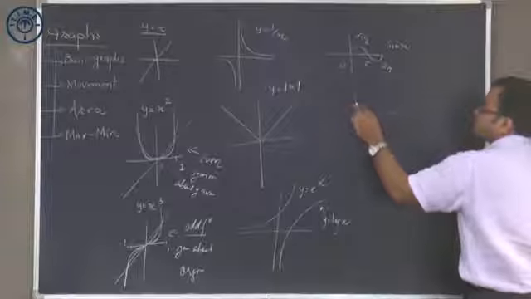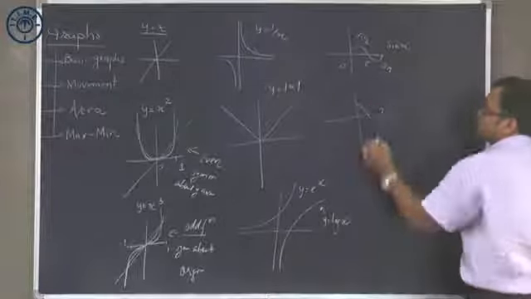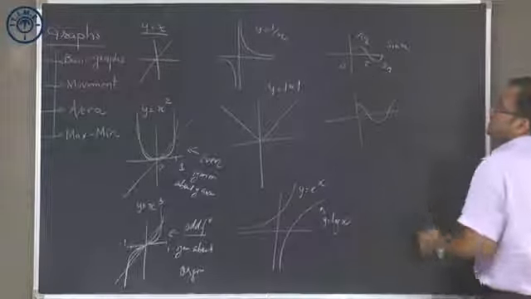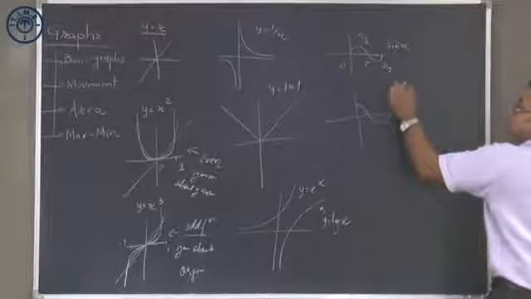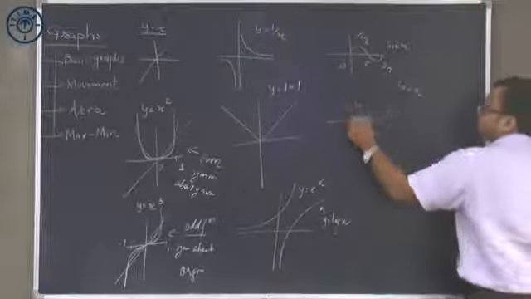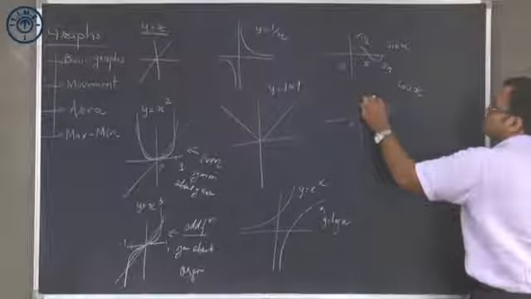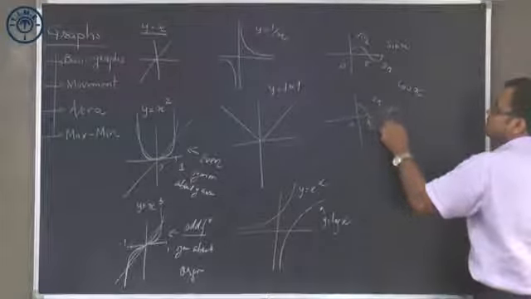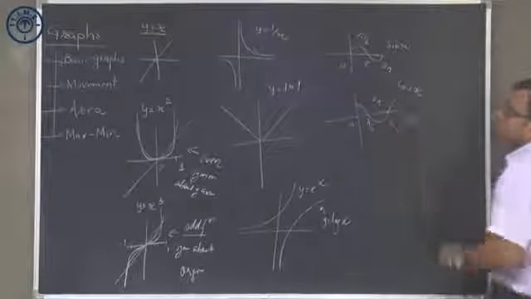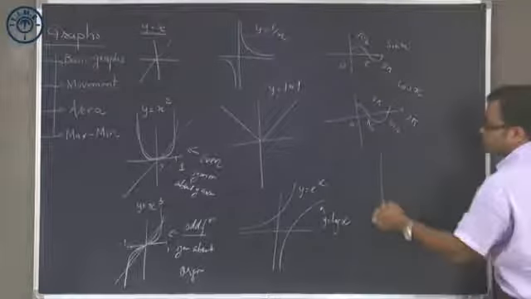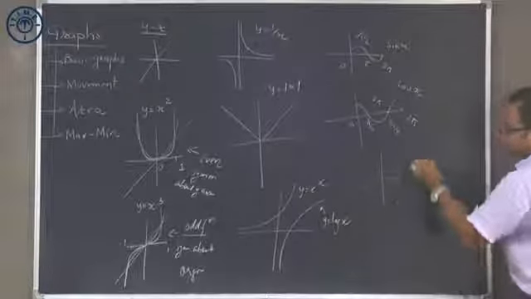It starts from 1, comes to 0, and then goes back again. So this is cos of x. So this is 0, this is pi by 2, this is pi, this is 3 pi by 2, and this is 2 pi.